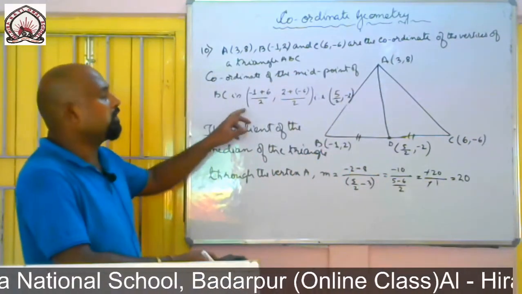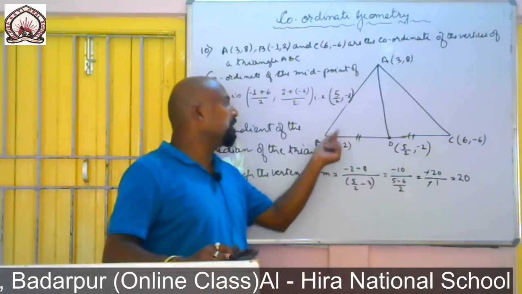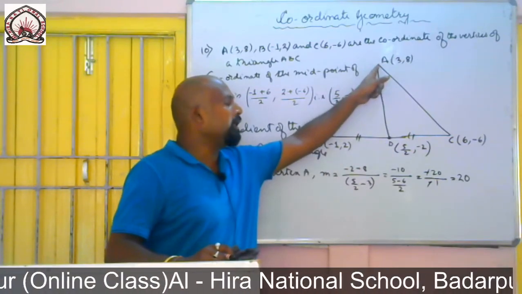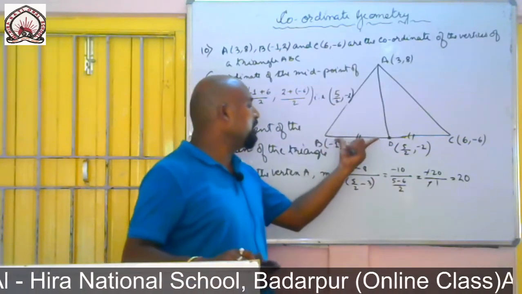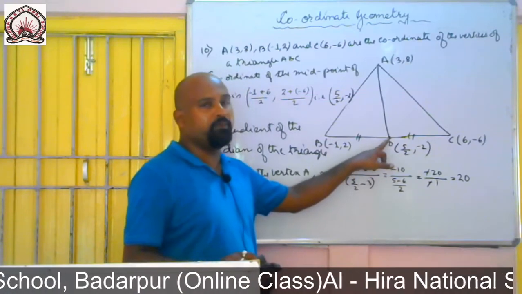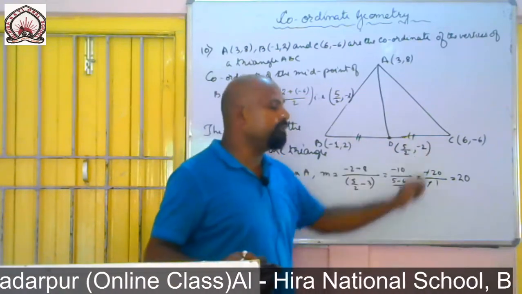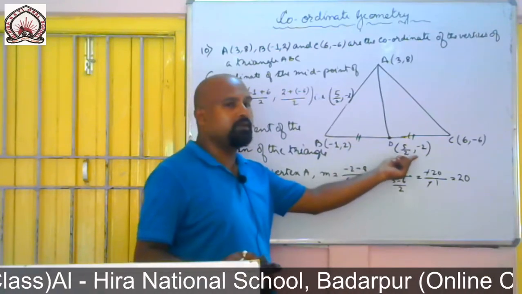First of all, as we know, AD is the median, so it will divide BC into two equal parts. So D is the midpoint of the side BC.